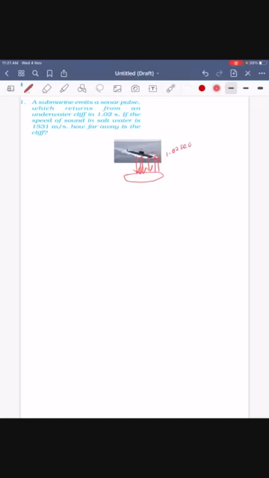If the speed of sound in salt water, that means the wave speed, of the ultrasonic waves the submarine emits, is 1531 meters per second, how far away is the cliff?